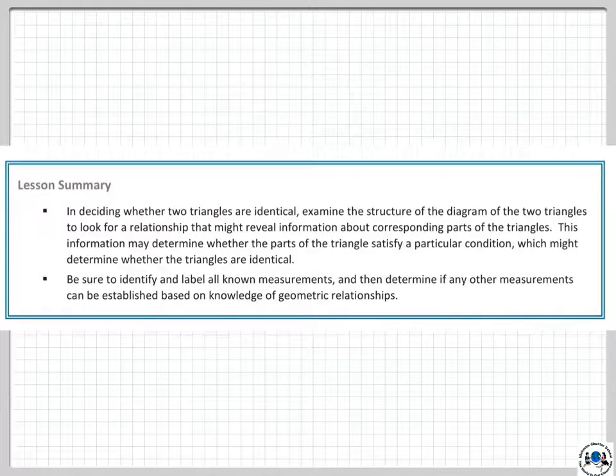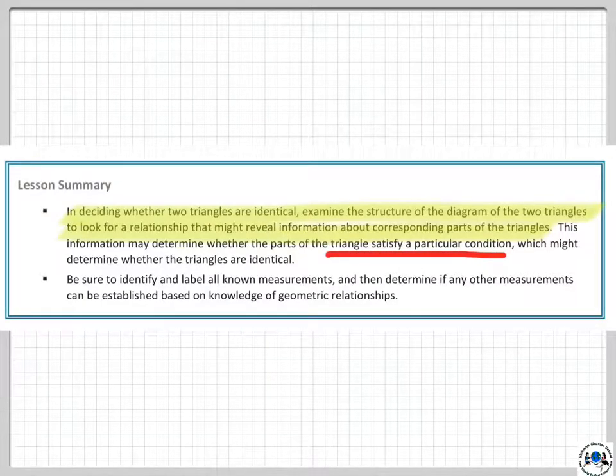In deciding whether two triangles are identical, examine the structure of the diagram of the two triangles to look for a relationship that might reveal information about corresponding parts of the triangles. And we've said that already in prior lessons. This information may determine whether parts of the triangle satisfy a particular condition, which might determine their identical natures.